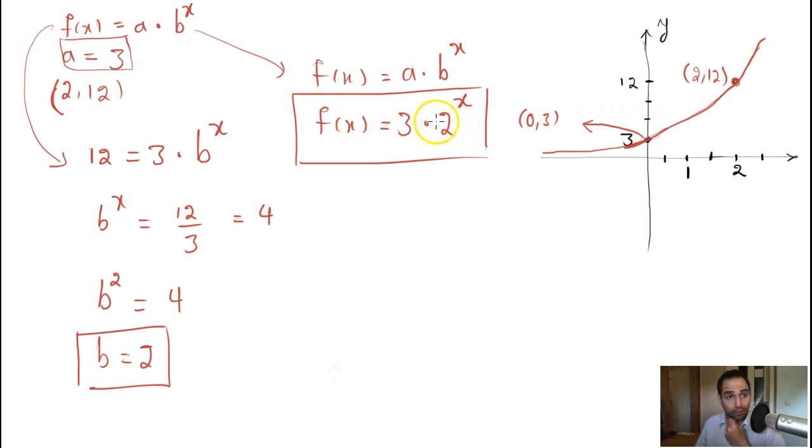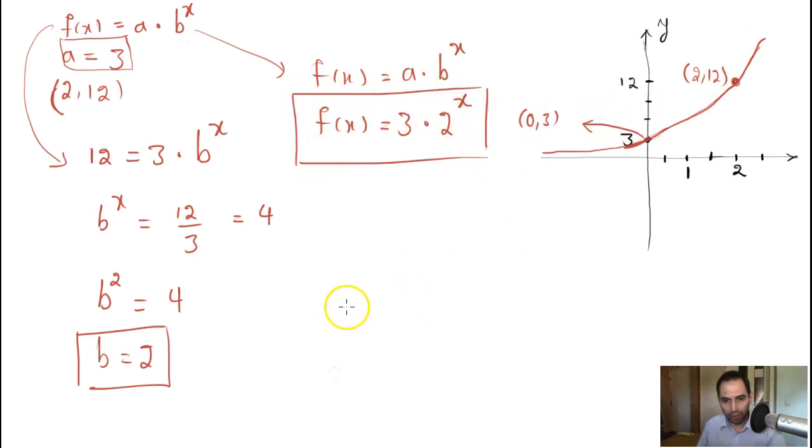So basically, even if you didn't have the graph of the function, and the only thing that you had was this equation, now based on this equation I want to draw the graph of this function.